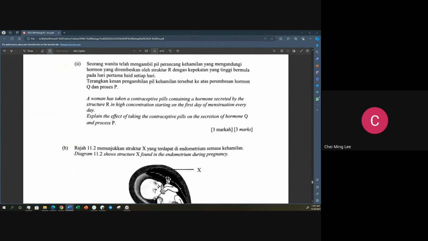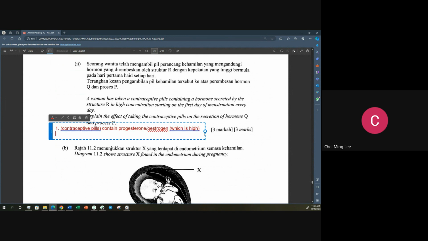So first, the contraceptive pill normally contains a lot of progesterone or estrogen. It has a very high content of this.